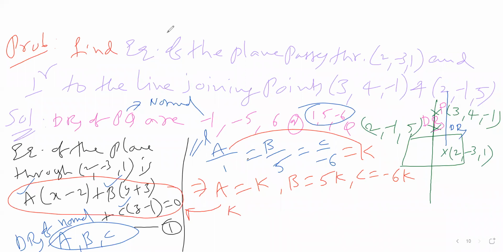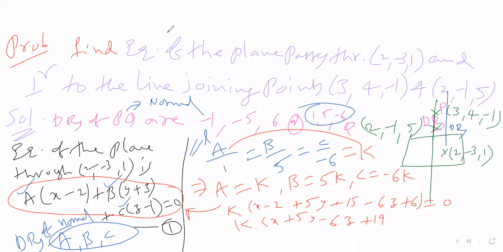We get k times (x minus 2) plus 5y plus 15 minus 6z plus 6 equals 0. On simplifying, k times (x plus 5y minus 6z plus 19).